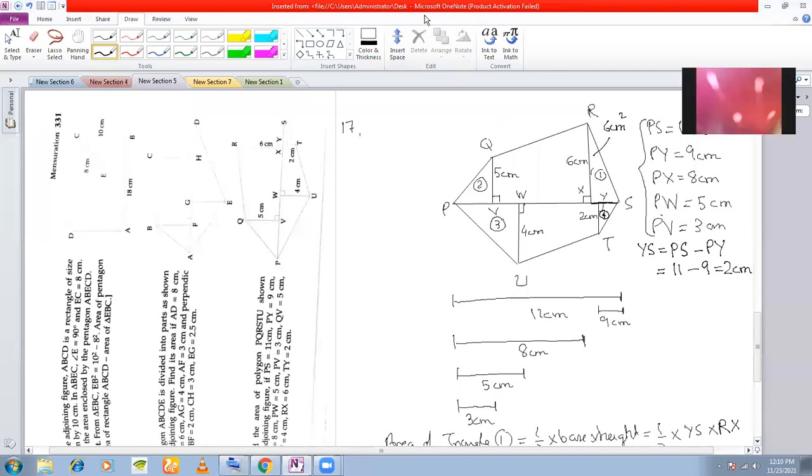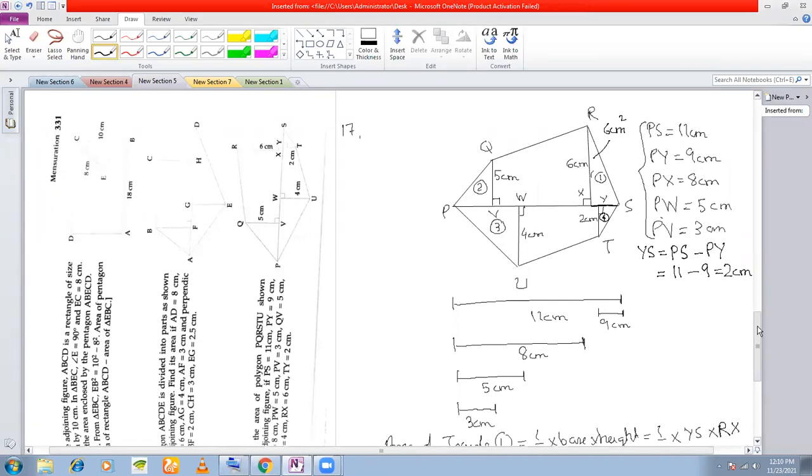Next, we want to find out the area of the triangle 2. Now, if you see area of this triangle, the height is given here. QV is the height, right? What about the base? This base PV.